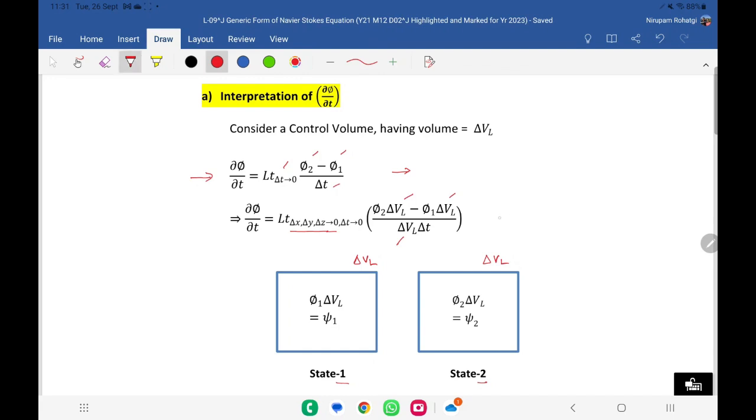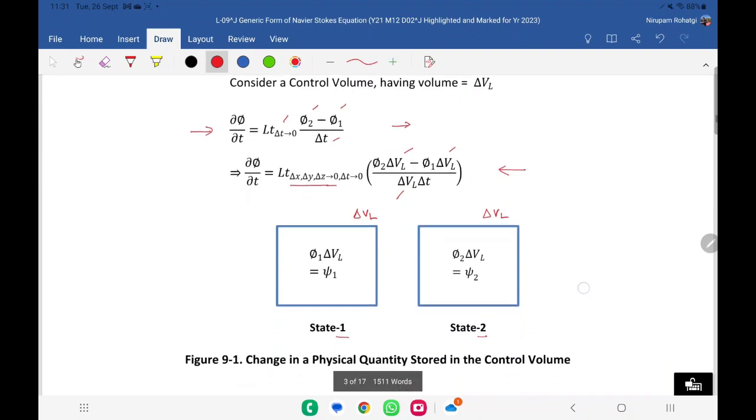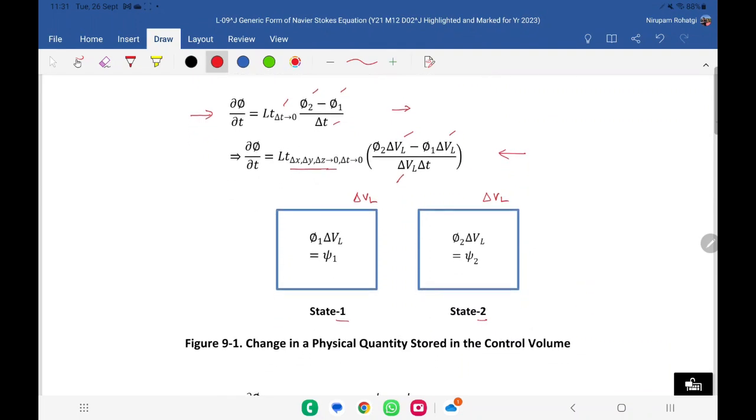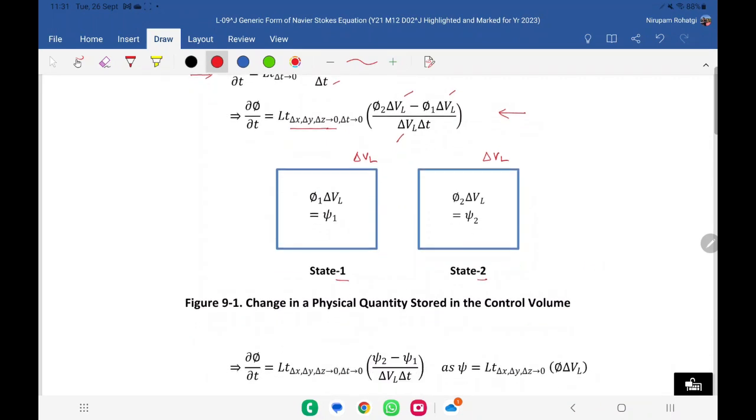But when you come here, what it is telling is d phi by dt at a point, what it is. So it will be phi 2 del VL minus phi 1 del VL divided by delta VL delta T. Okay. Now what does that mean? It is telling us the change in a physical quantity stored in the control volume.